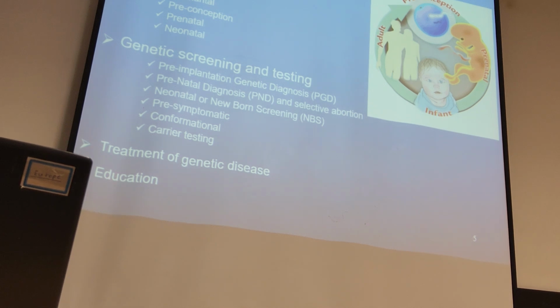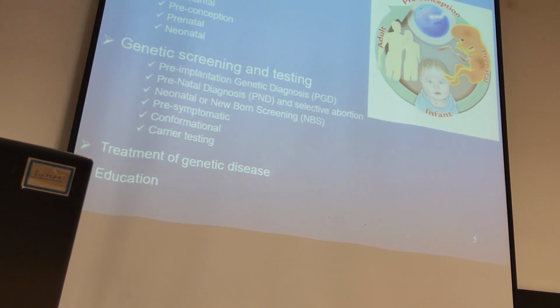For genetic counseling, we have genetic counseling in different age groups of people. For example, in adult genetic counseling, premarital genetic counseling, preconception genetic counseling, prenatal genetic counseling, and neonatal genetic counseling. Also for genetic screening, we have some genetic tests, something like PGD or pre-implantation genetic diagnosis, PND, prenatal diagnosis, and neonatal or newborn screening, pre-symptomatic, confirmational genetic test, and carrier testing.